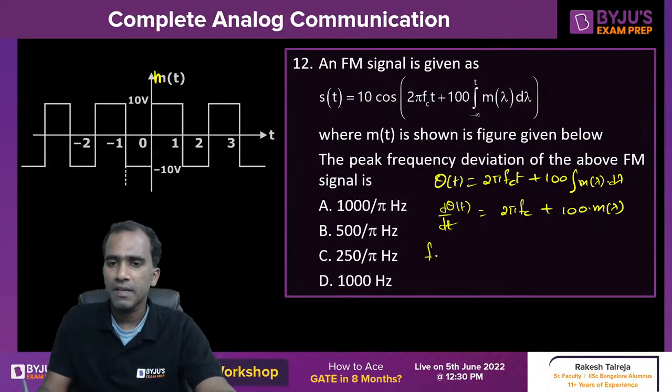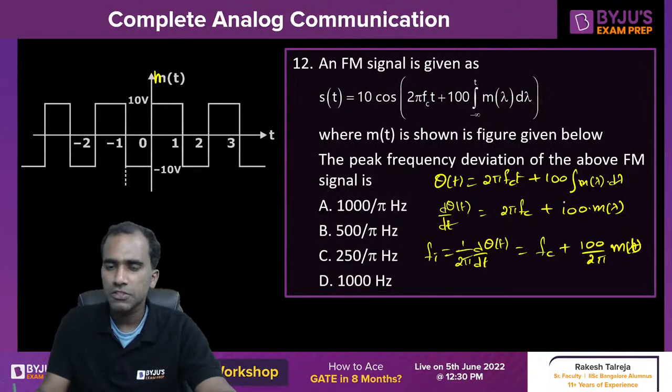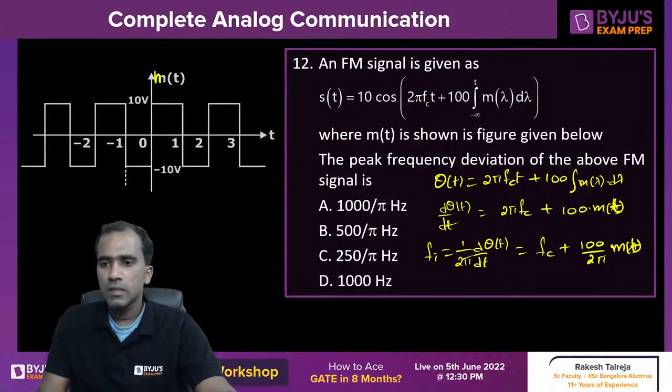So now fi, the instantaneous frequency, is equal to 1 by 2 pi d by dt of theta of t, which is fc plus 100 divided by 2 pi into m of lambda, or m of t you can write, because it's a function of time. Inside the integration it can be any variable.